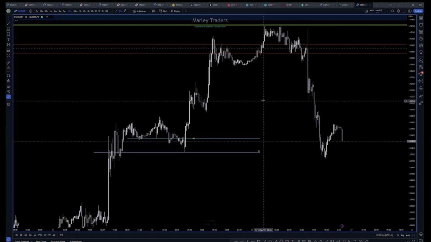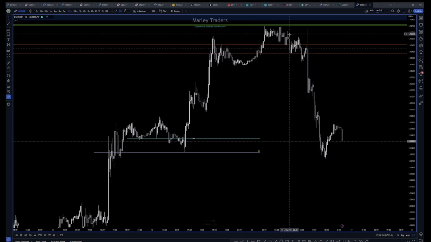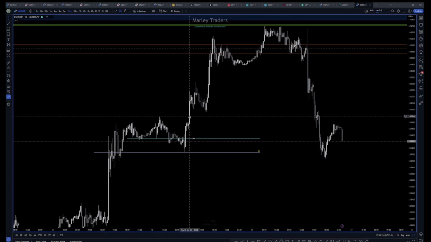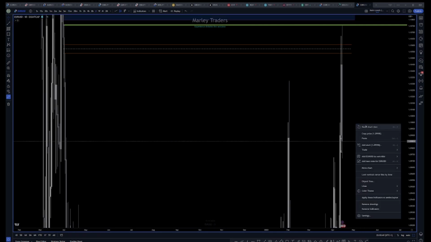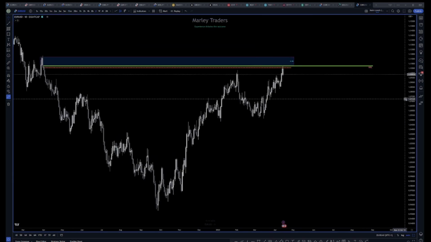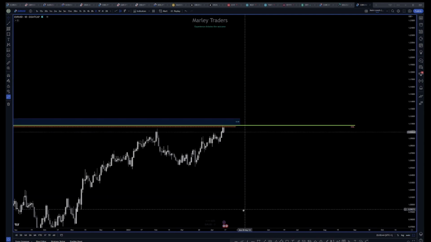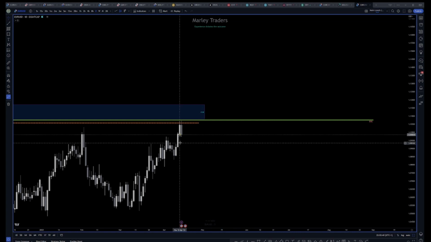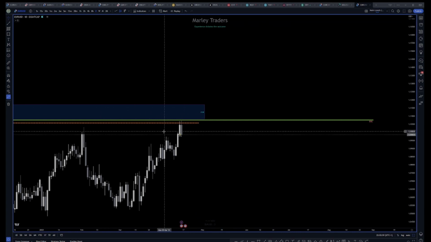I just wanted to show you how we play this and how we use a higher time frame draw on liquidity, and an intraday bias, which was initially: how is this daily candle going to close? When it opens, how do I expect it to close?